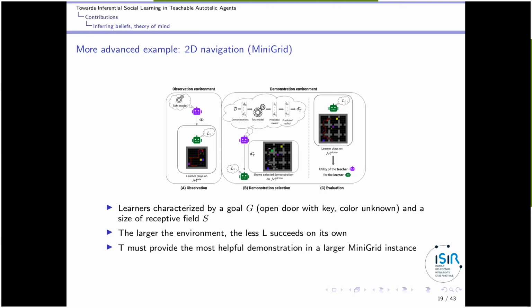So the demonstration will be different depending on the size of the receptive field. And what Clémence is showing with her work is that by modeling the learner through observing its behavior in a particular case, the teacher will be able to perform the most adequate demonstration for that particular learner.